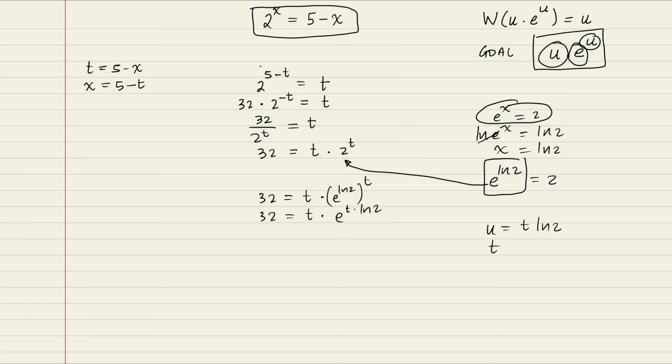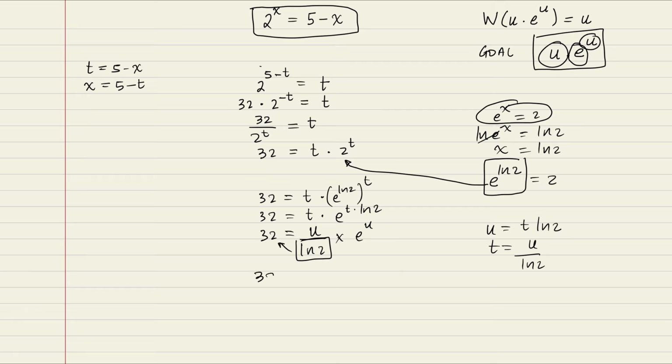That means t is equal to u divided by ln of 2. So my equation now is 32 is equal to u divided by ln of 2 multiplied by e to the power of u. So I can take this across.